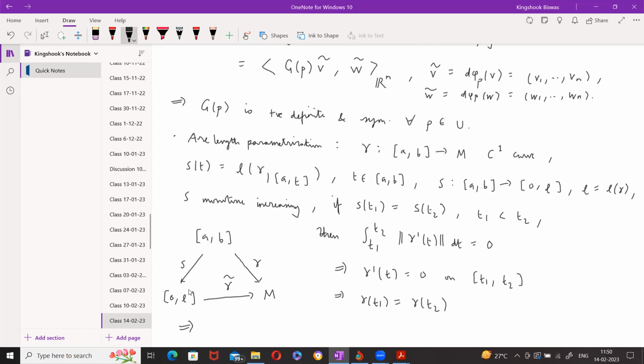Yes, sir. So there exists a unique map, gamma tilde, from 0L to M, such that gamma is equal to gamma tilde composed with S. Okay.